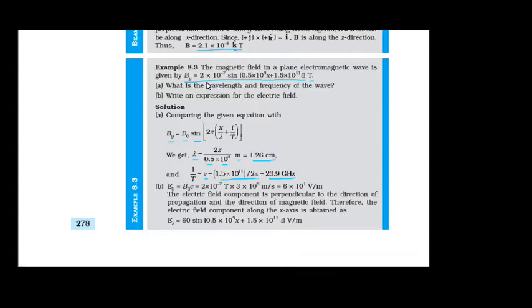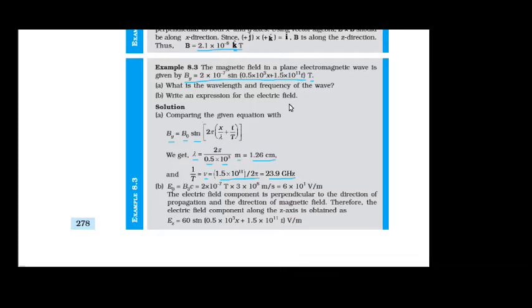We get B naught's value as 2 into 10 to the minus 7, and in the sine, 0.5 into 10 to the 3 will be equal to this value, plus 1.5 into 10 to the 11 will be this value.